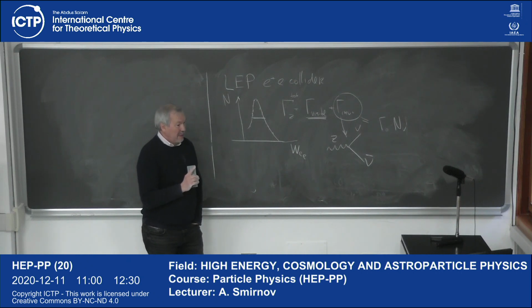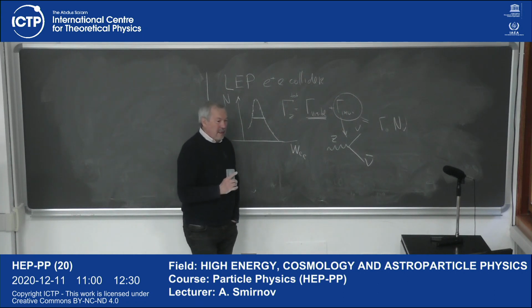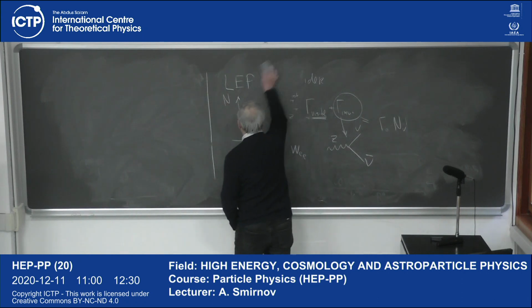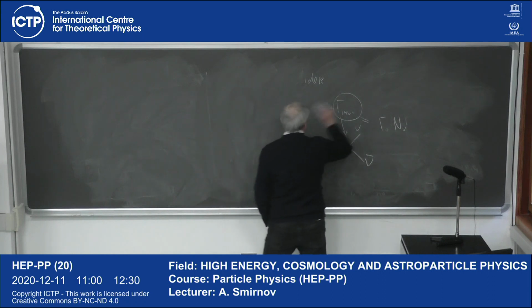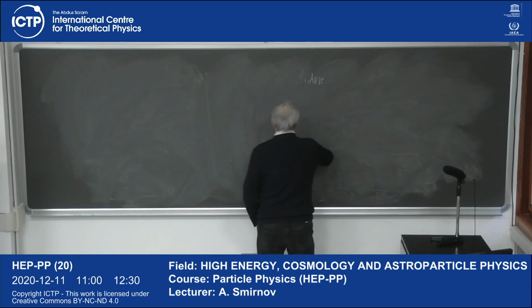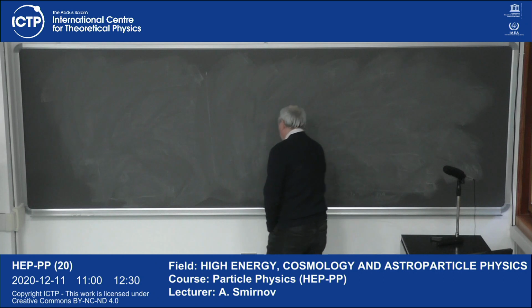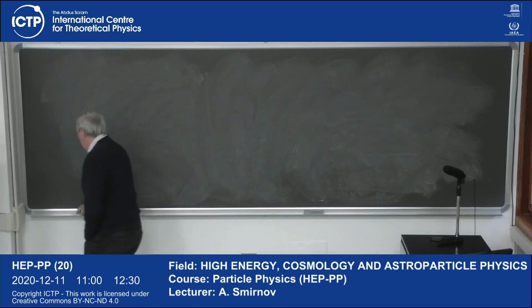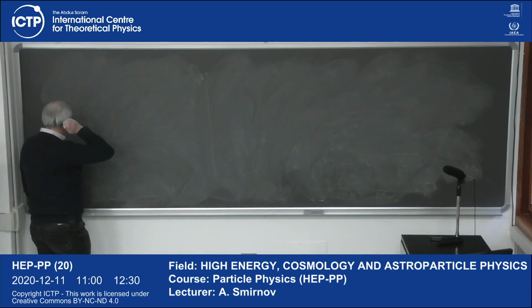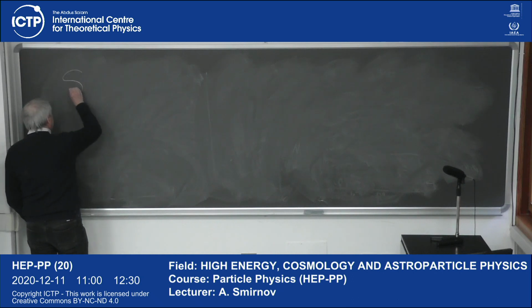I will do this a little bit later. What I want to start today is this part related to symmetries. So the next lectures will be devoted to symmetry in particle physics.